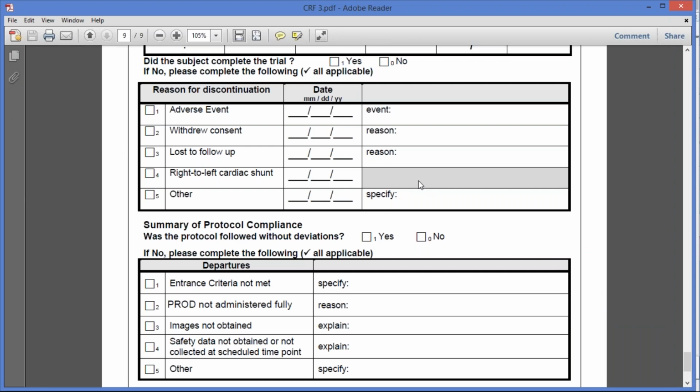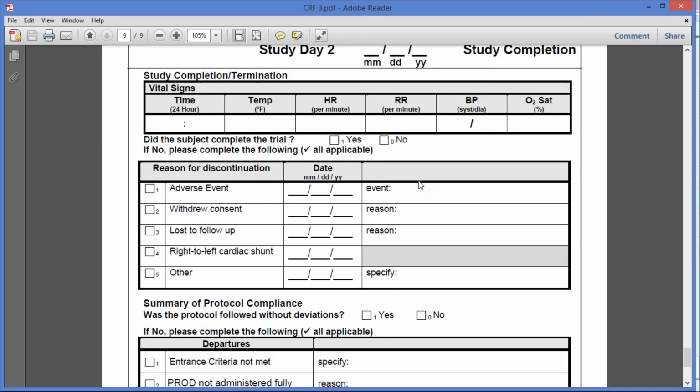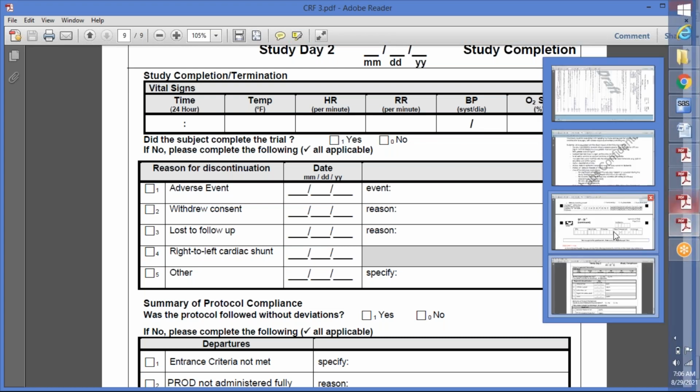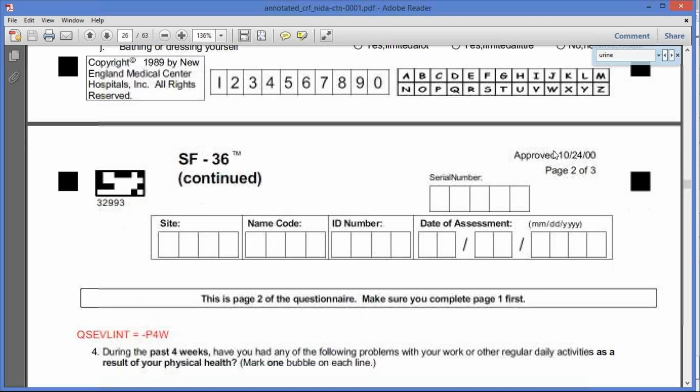Here we have the study completion form in this example. Reason for the discontinuation: because of an adverse event they discontinued, or because of withdrawal, like he withdrew and was lost to follow-up. Whichever the reason. You can see here, in another CRF we also have the same discharge form.